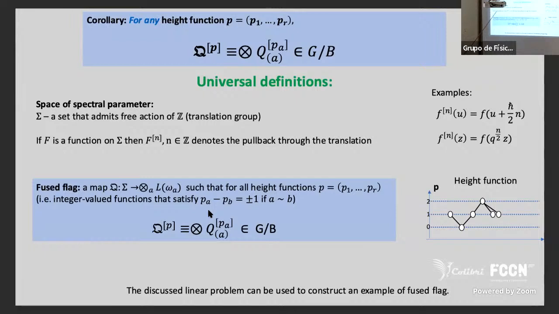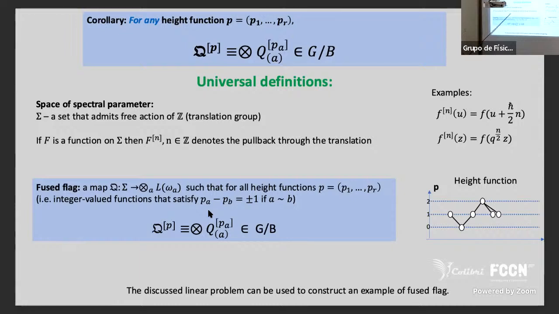Generically it is a set that admits an action of some translation group. So two examples: it's either an additive translation or a multiplicative translation. If you do the ODE case, it will be multiplicative translation. But if you write z as exponent of u, you get to additive, right? So f with brackets n means pullback through this translation.